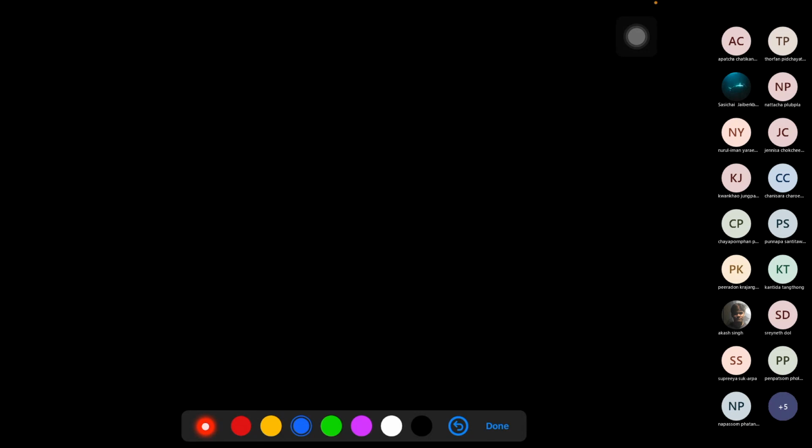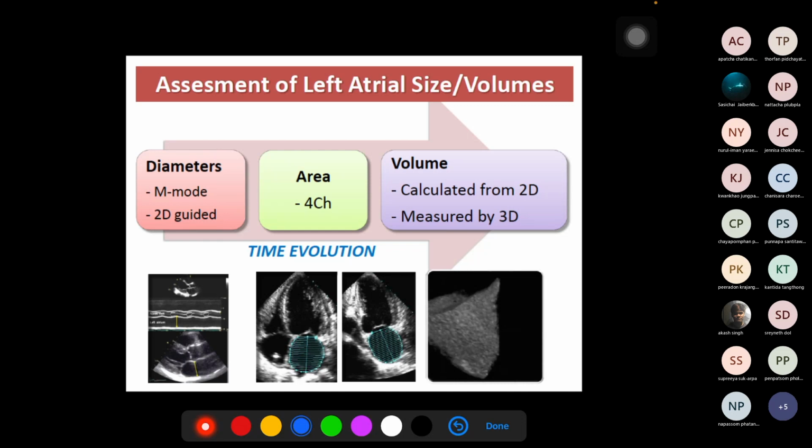So the next one, how to assess the LA size or LA volume. The first one, you use the M mode from the parasternal long axis view. You put the M mode here. You measure the LA size from the M mode. Okay, and the next one is the standard measure to evaluate the LA volume.